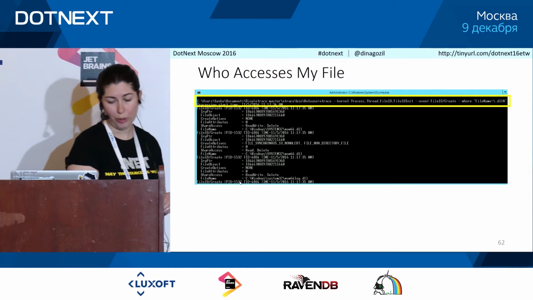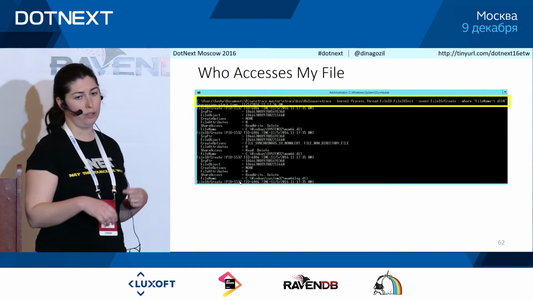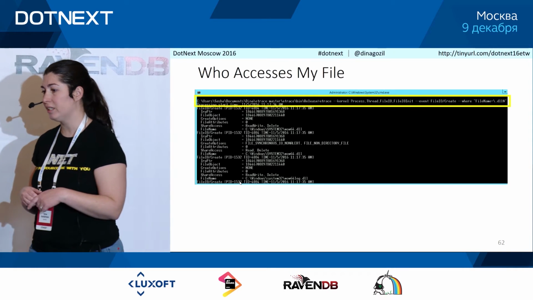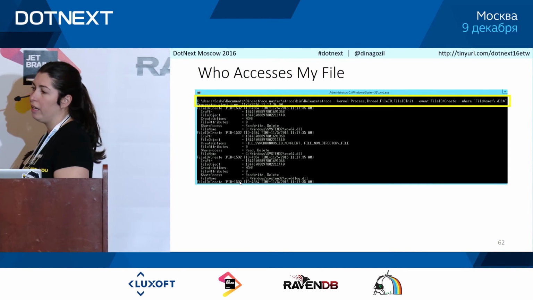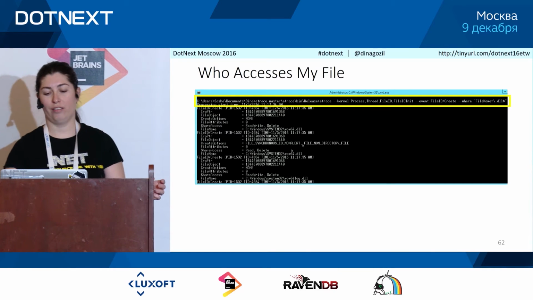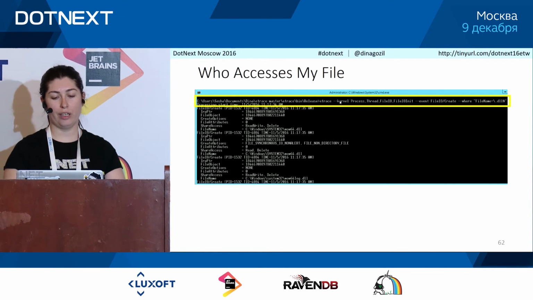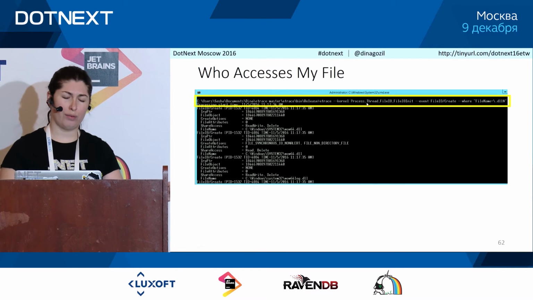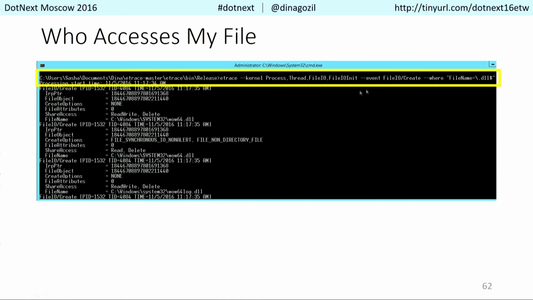Another thing we can do is a little similar to Process Monitor from Sysinternals. We can monitor any file access on our machine. So again, eTrace, we're interested in kernel. This time we are going to have to define a bunch of keywords. We're interested in the file IO create event. Even though it's called create, that's the event which happens when you access a file.